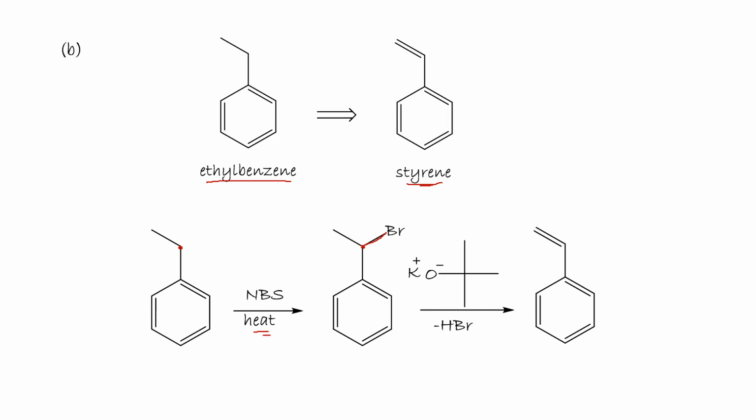Treat that with potassium tertiary butoxide as a good and bulky base. The reaction will go by E2 mechanism, elimination of HBr, and gives styrene.